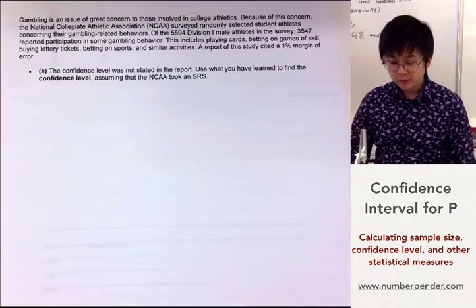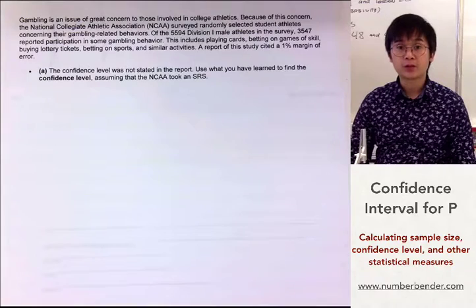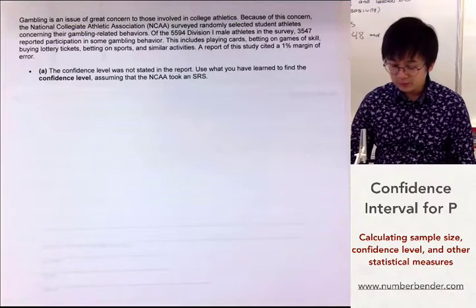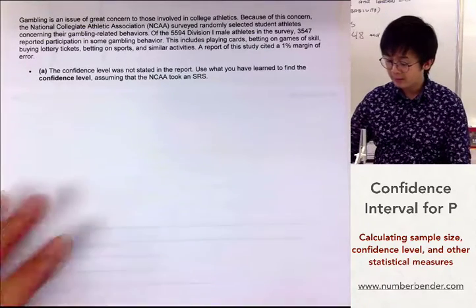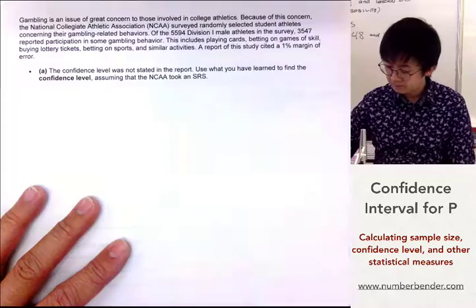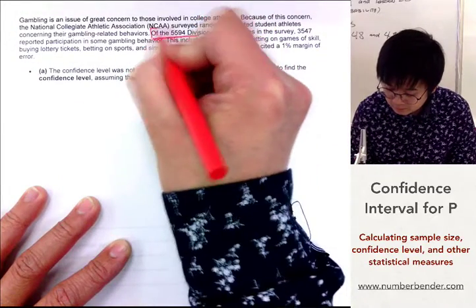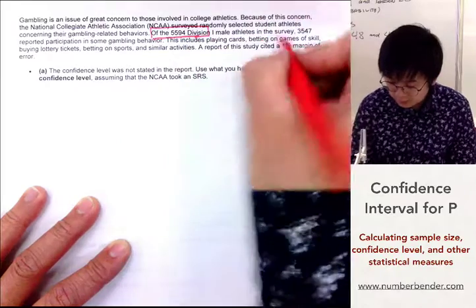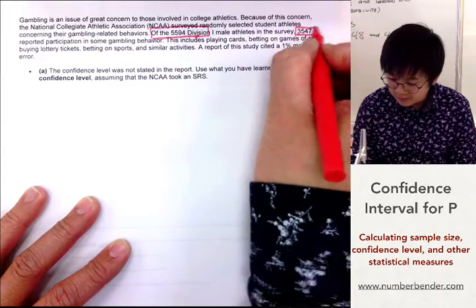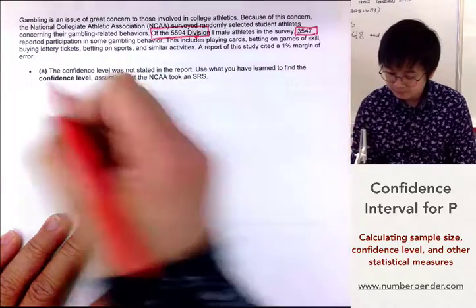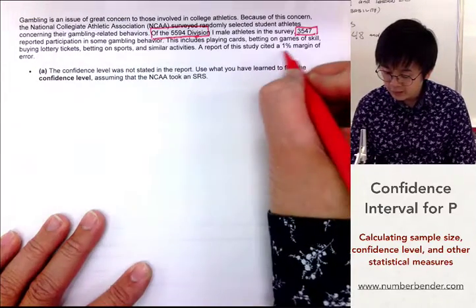So now for problem number 3, we're going to be computing for the confidence level. The information that's given to us, because this is a confidence level for proportion, we have the sample size, we also have the value of x, and the margin of error.